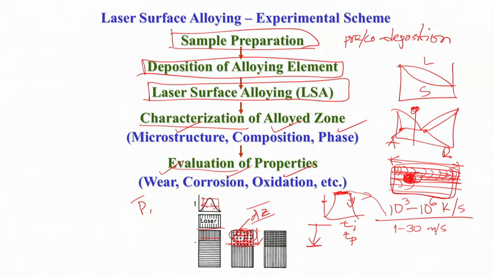Because of this slow cooling rate, you allow a much longer time, and because of this longer time, you tend to form dendrites, and in some cases phase separation leading to interdendritic precipitation in the interdendritic region.